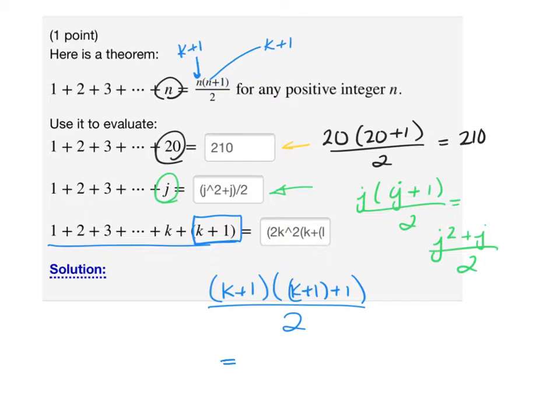So I'm just going to rewrite it a little bit so I don't have a bunch of parentheses. So k plus 1, k plus 2 all over 2. And all I did was I said, hey, you know what? This parenthesis here and here can come off. And I can just add the 1 plus 1, I get k plus 2.